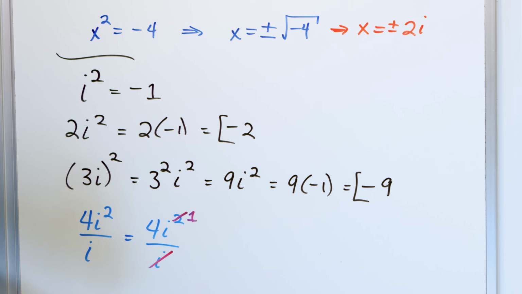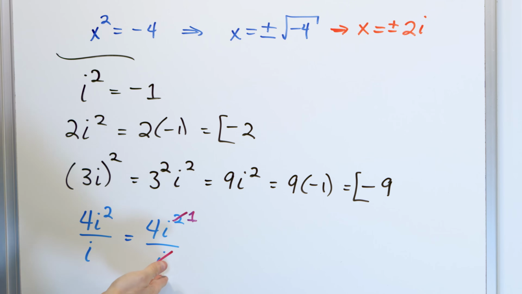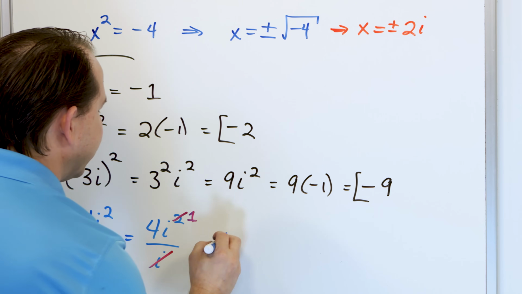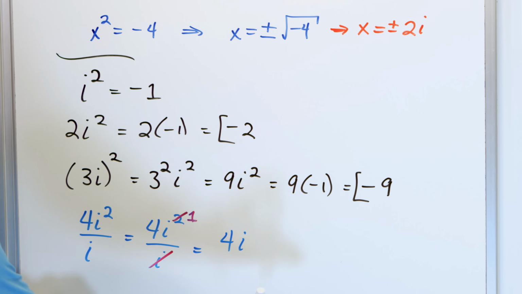Basically, I'm dividing away one of them. The same thing is true of imaginary numbers. So all I'm left with is the 4 and the i on top, to the first power. So I get an answer of 4 times i.